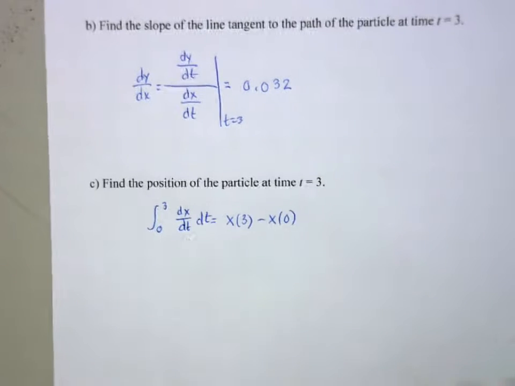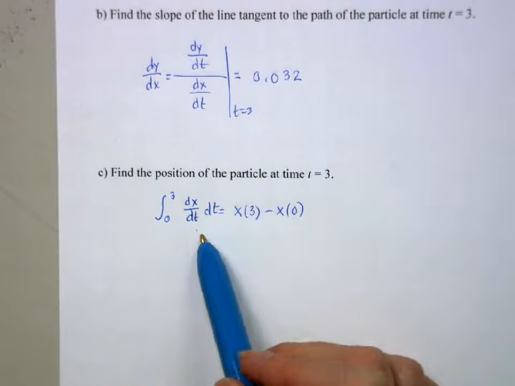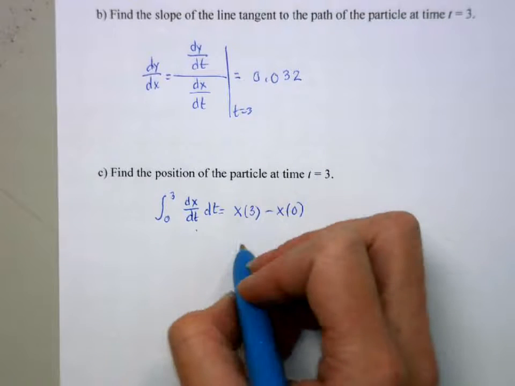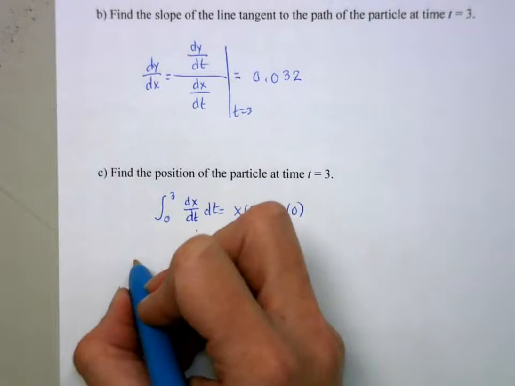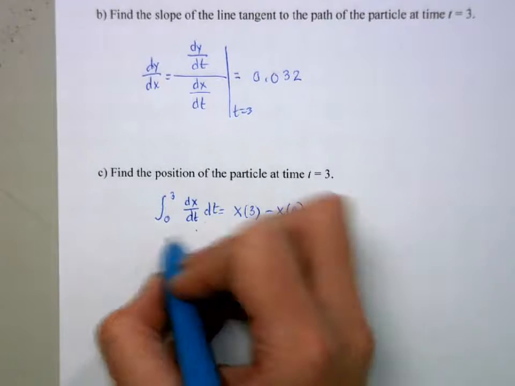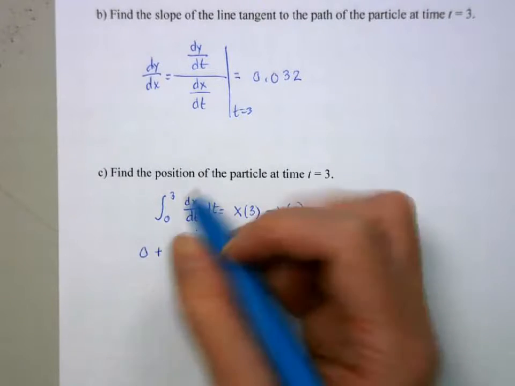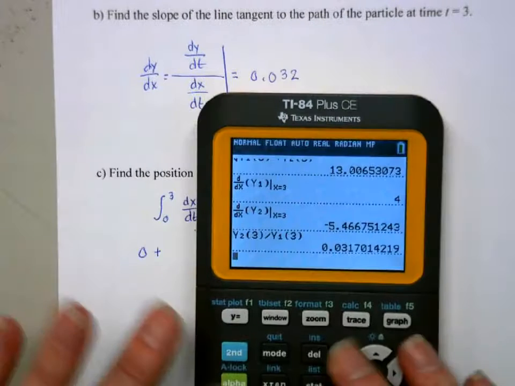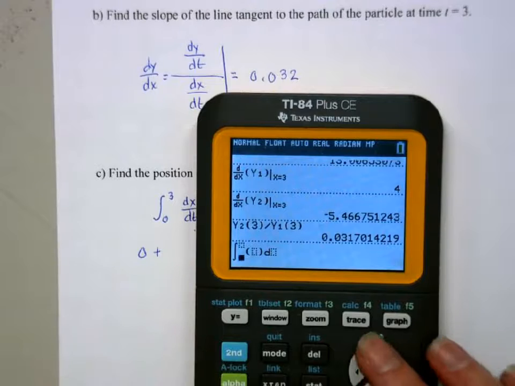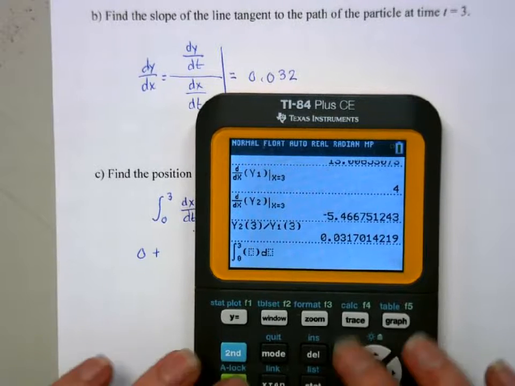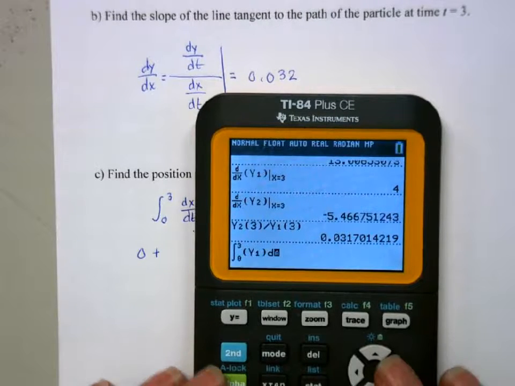Okay, this part we're going to use the calculator for, and then I'm going to add the x of 0 over. So we're going to have x of 0 is 4 plus this integral, 0 to 3 of y1, which is 21.